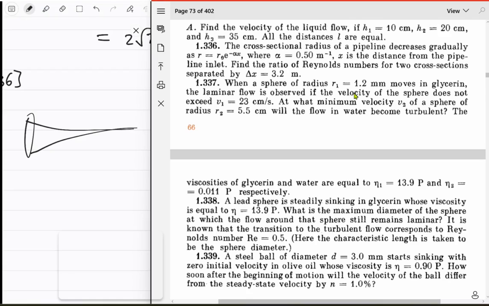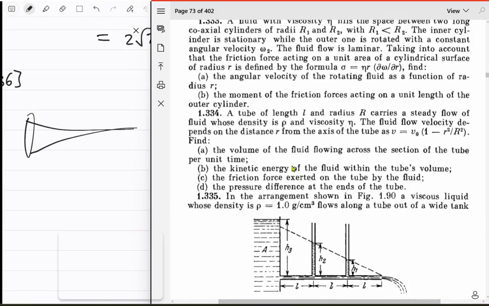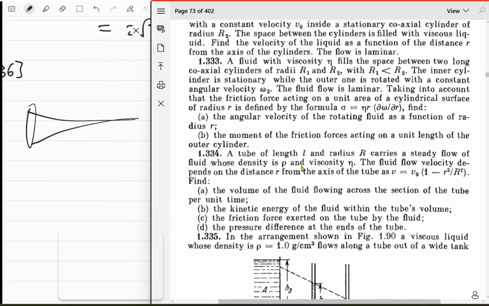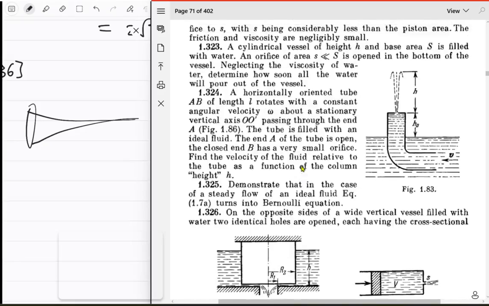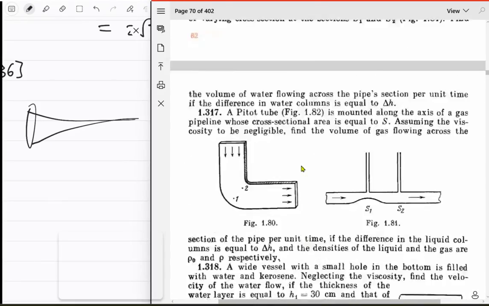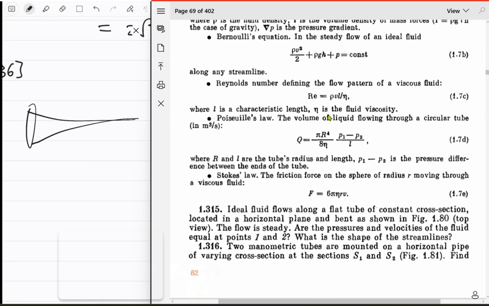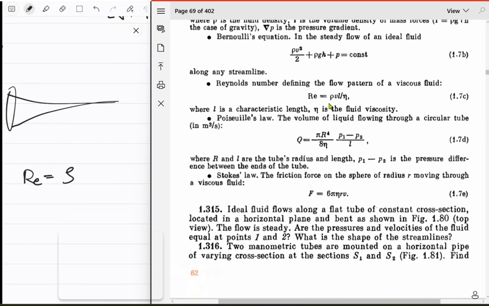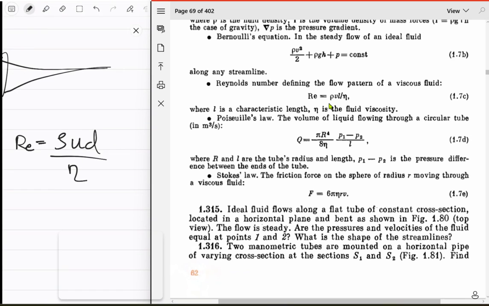So once again, what is the Reynolds number? Oh god, I always forget it. So the Reynolds number is rho u L. What is L? Characteristic length. In this case, it's just the diameter, right? So rho u diameter upon eta, which I would like to say is 2 rho u times the radius upon eta.